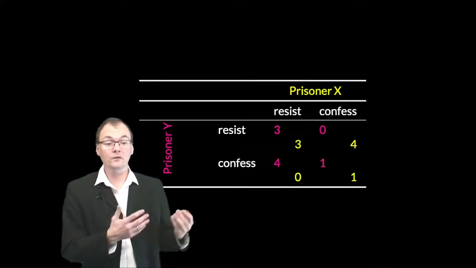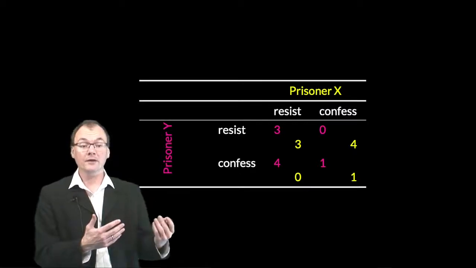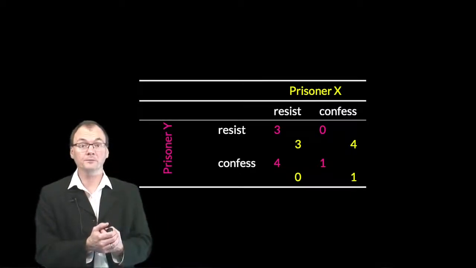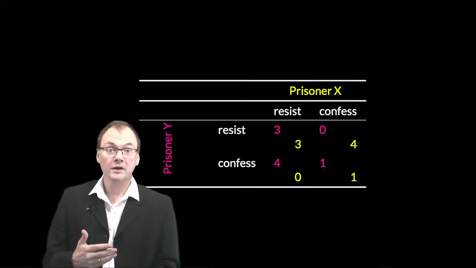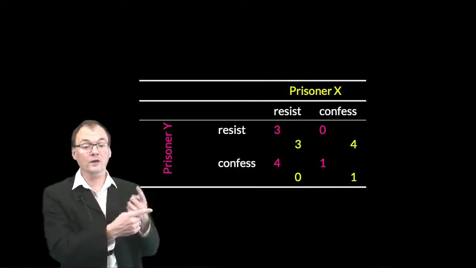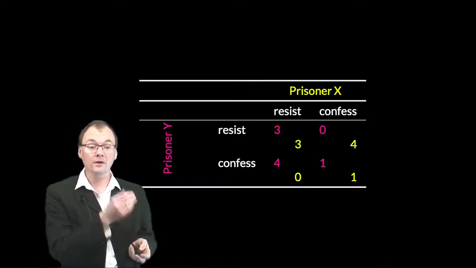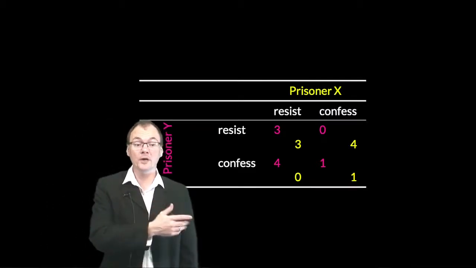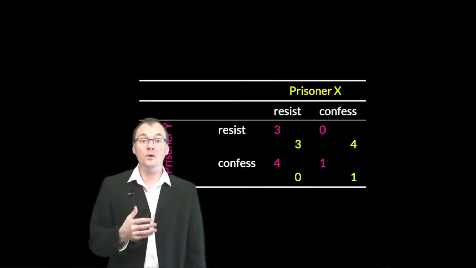And of course this is symmetrical, so the same thing will be true for prisoner X. Confess strictly dominates resist for prisoner X as well. So here's a very simple thought. If you're in a game and there's an action which strictly dominates another, that means it generates greater payoffs. You're likely to take the action that strictly dominates. After all, by taking the dominated action, you're guaranteeing that you will lose relative to what you could have had.